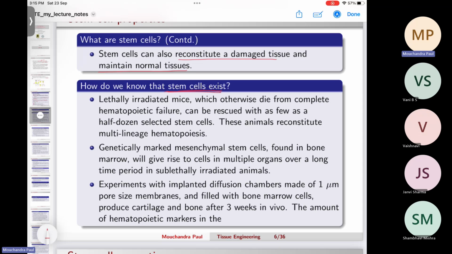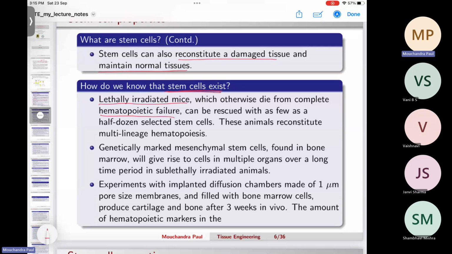First is people saw that in lethally irradiated mice, meaning they were exposed to a very harmful wavelength of light, say gamma rays, their bone marrow function was compromised, and hematopoietic failure was observed, meaning no new blood cells were produced.